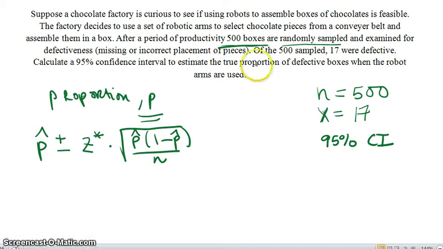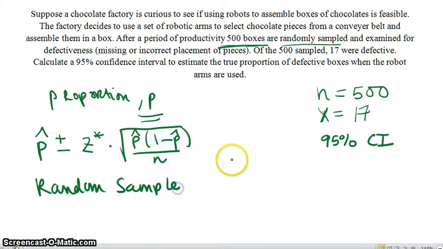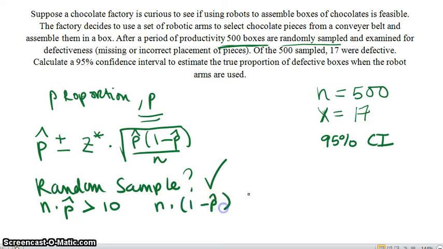First of all, to make inference, we always need a random sample. In this case, we see up here that the sample was random, so this is met. Another condition we should check is whether N times p hat is greater than 10 and N times 1 minus p hat is greater than 10.